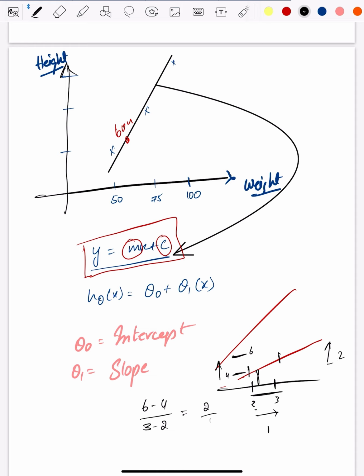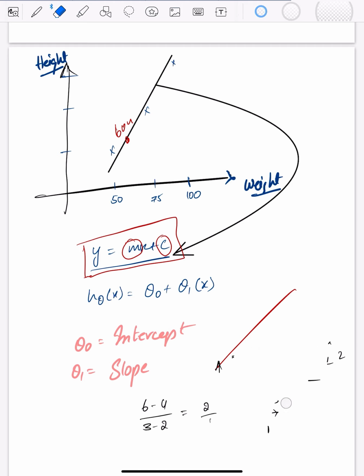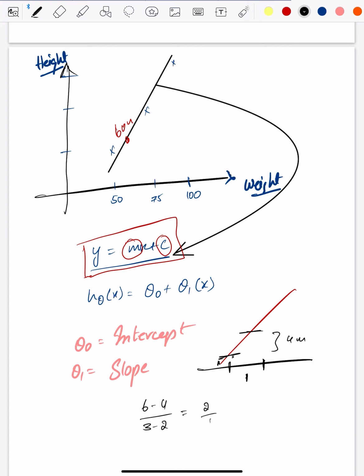Whereas this line has a different angle, in the sense that it has a different slope. For 1 unit of change, it has more. It is more towards the up direction, around 4 units for 1 unit.